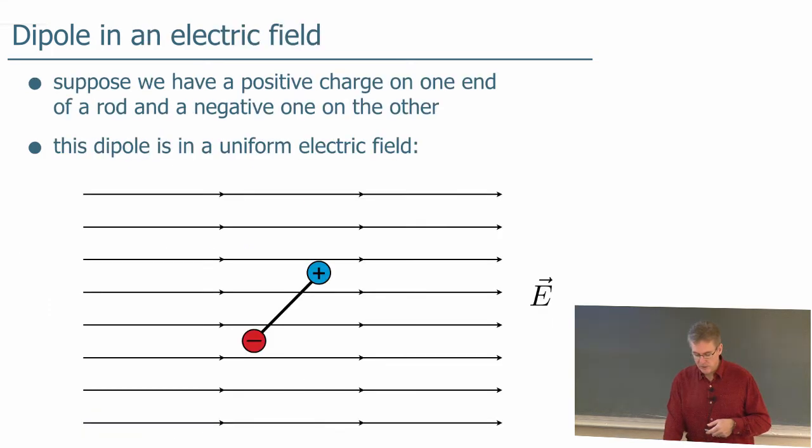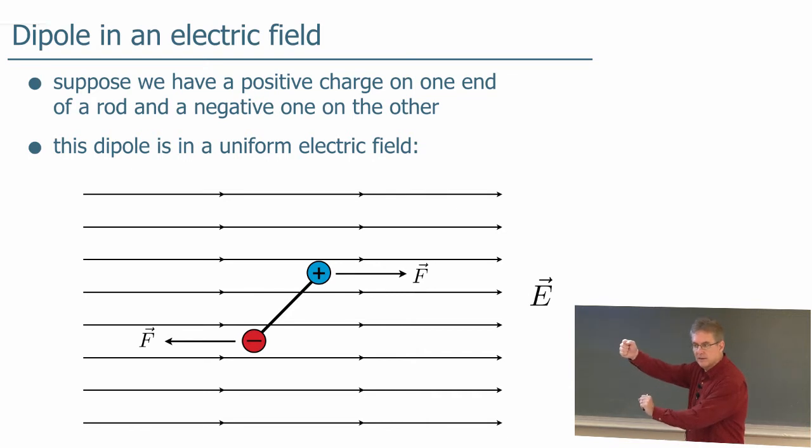Okay, so when we have a positive charge attached to a negative charge some way or other, and it could be in a molecule or any number of other ways, then we have what we call an electric dipole, and we're going to treat this thing as a unit. And we'd like to know what happens when we stick it into a uniform electric field. Clearly, there's an electric force on the positive charge, which is going to the right, and a force on the negative charge going to the left.